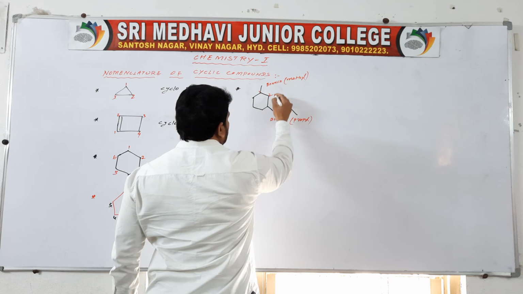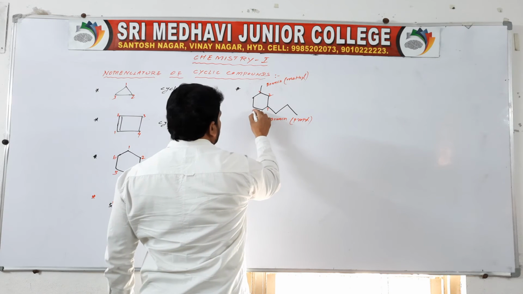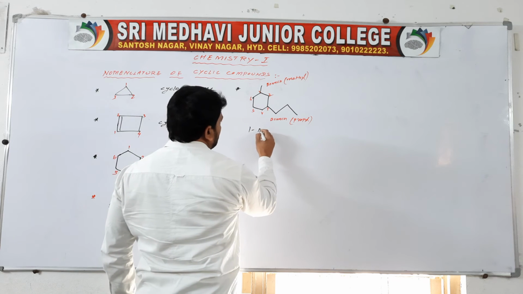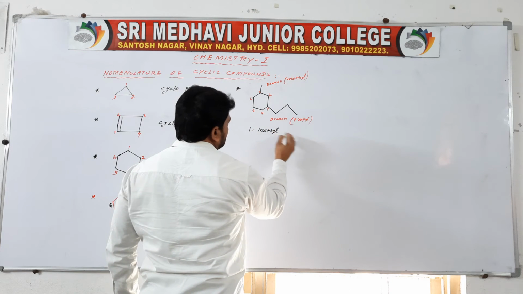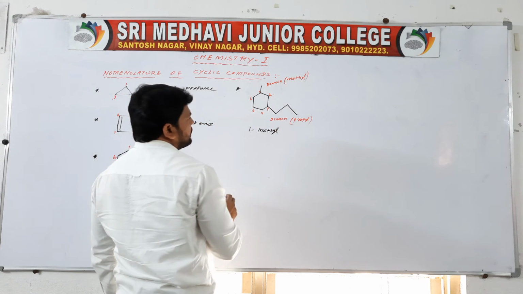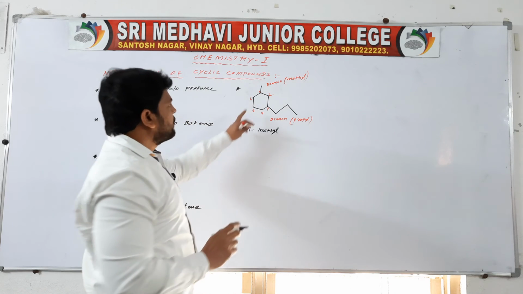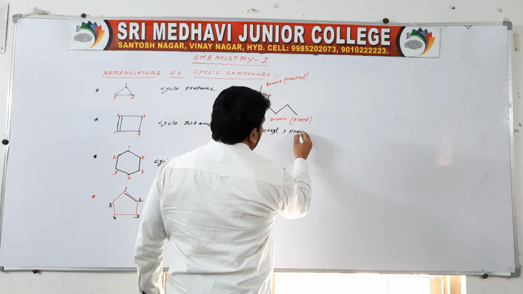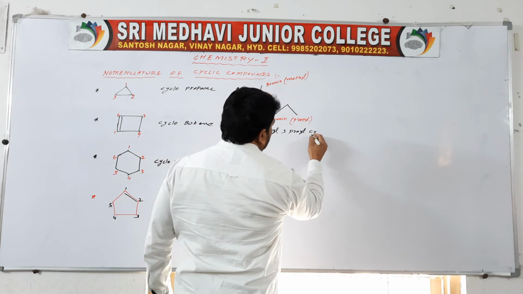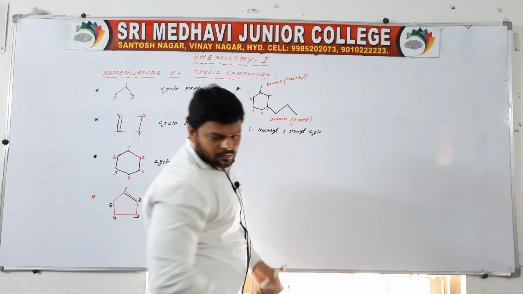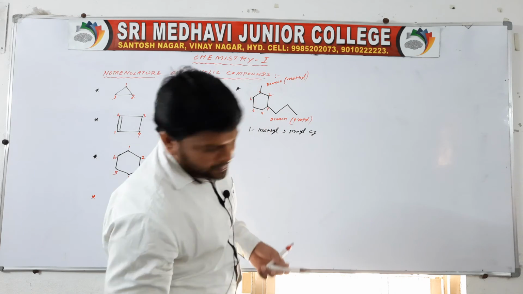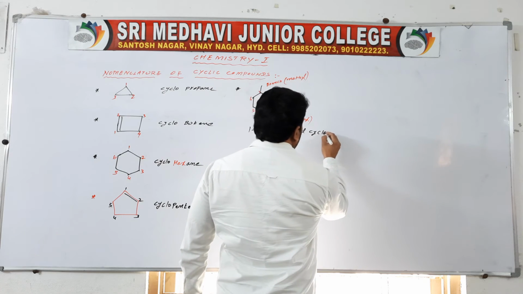So 1, 2, 3, 4, 5, 6. So this is nothing but 1 methyl, 3 propyl cyclo.